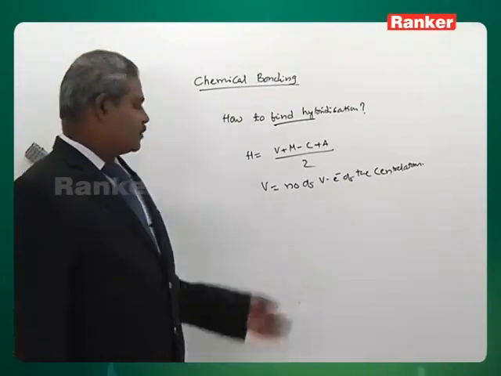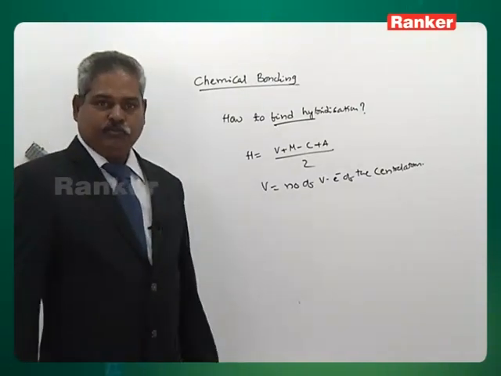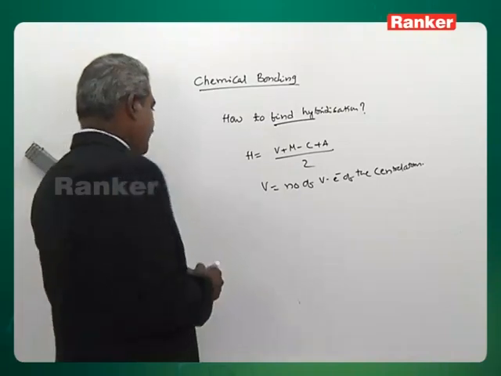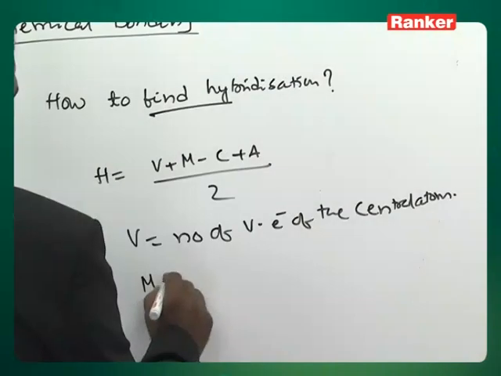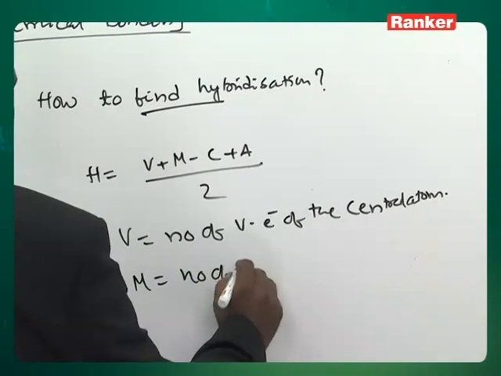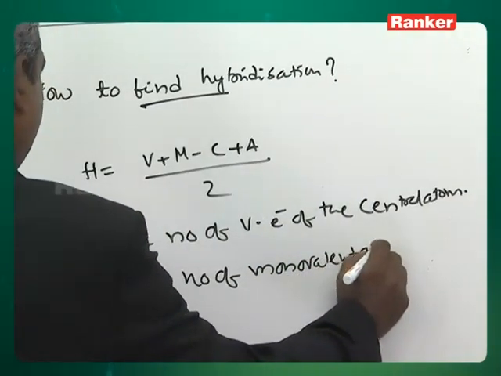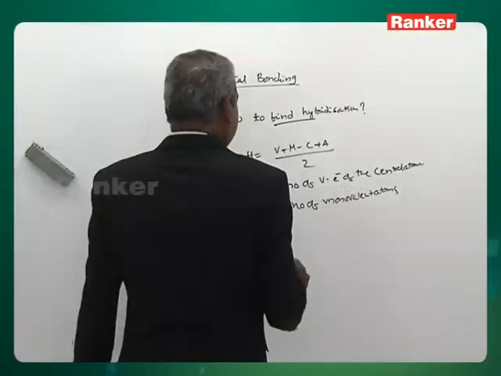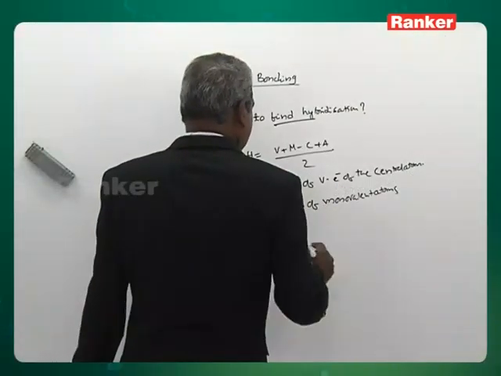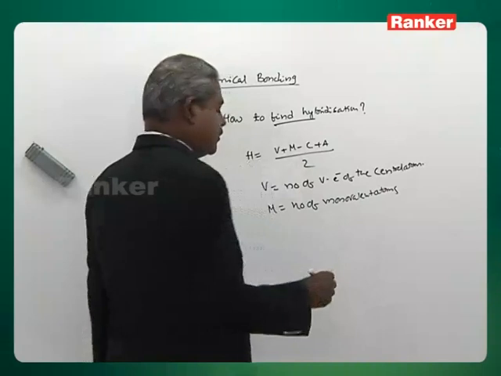So for this purpose we say xenon belongs to the 8th group. M is the number of monovalent atoms. You should not consider monovalent terminal atoms like oxygen.